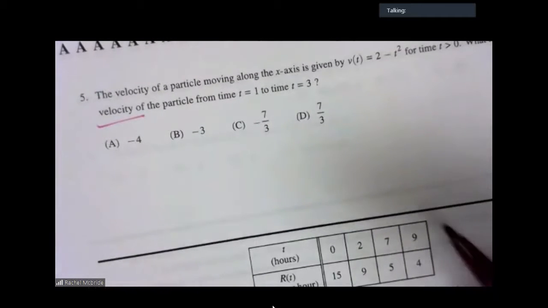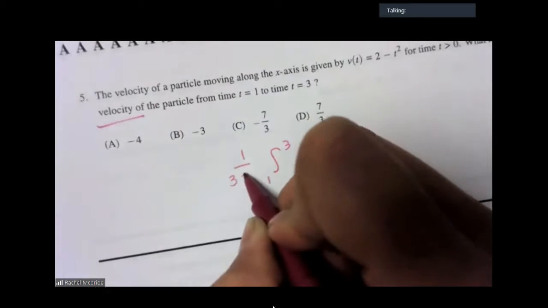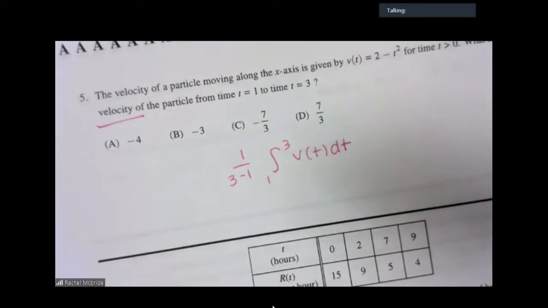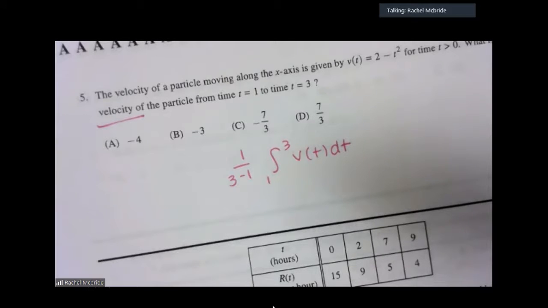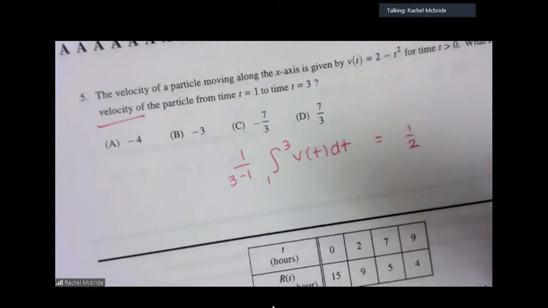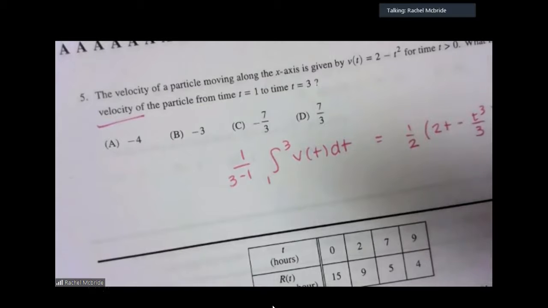I'm integrating. The slope would give me the average rate of change, which would give me your average velocity. So this becomes 1/2 antiderivative. So 2t minus t cubed over 3, evaluated from 3 to 1.